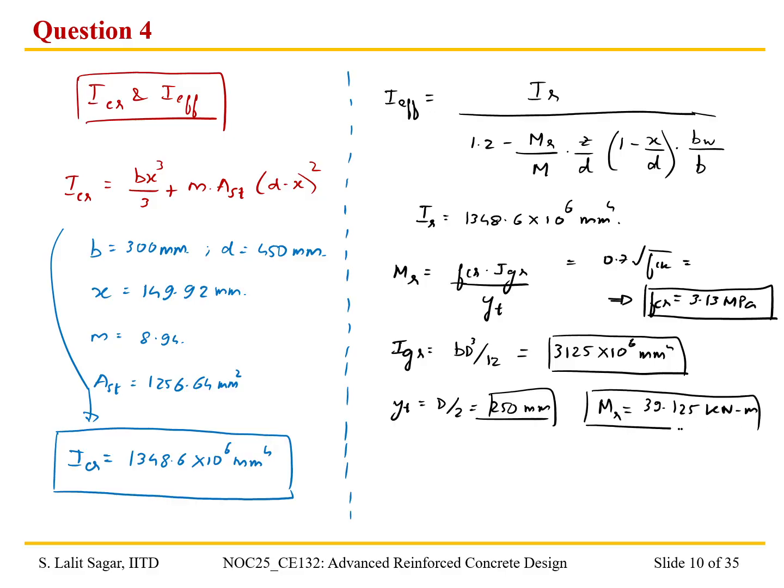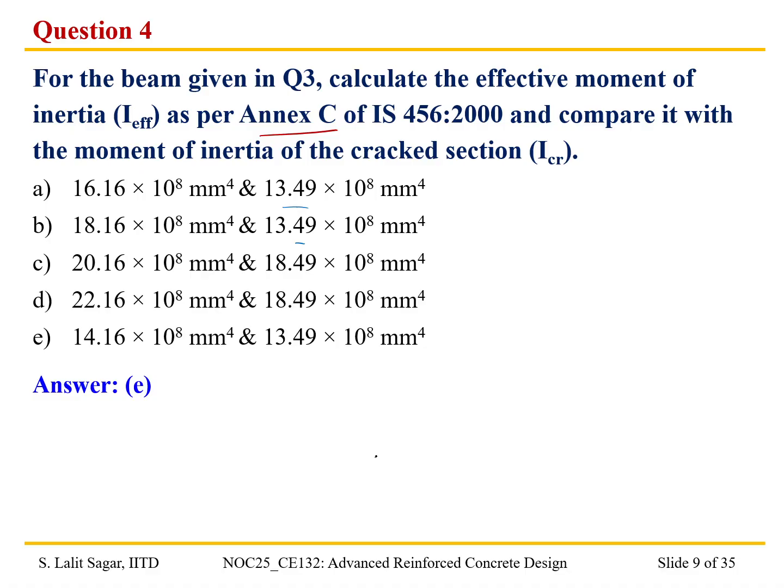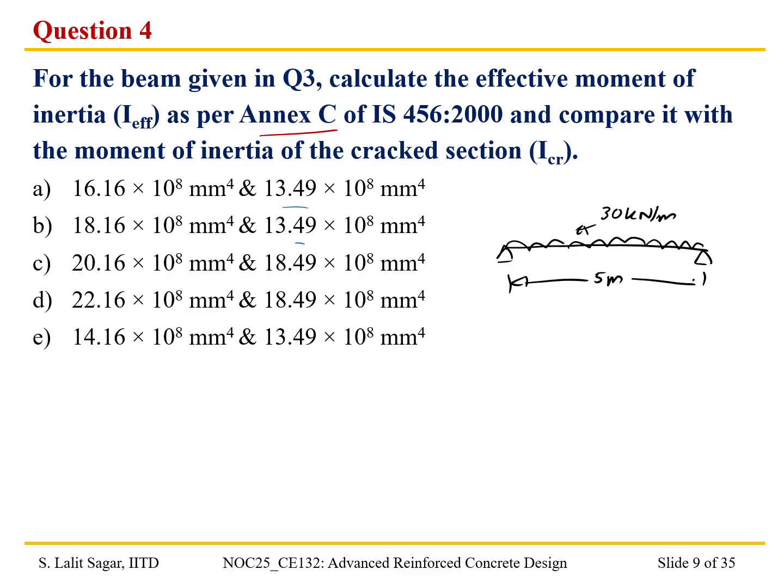So we get the value of MR, and M is the moment to which the beam is subjected. We can just draw the sketch of the beam over here. It is subjected to a service load of 30 kilonewton per meter, sorry for the sketch, and it has a span of 5 meters. What will be the bending moment at the midspan?